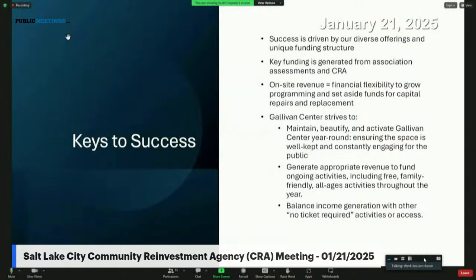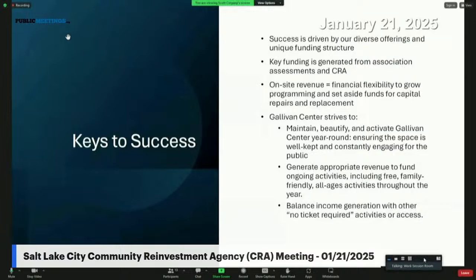structure. Key funding is generated from these association assessments, additional funding from the CRA, and on-site revenue generation, giving the Gallivan Center the financial flexibility to grow our programming and set aside critical funds for capital repairs and replacements. We consistently maintain, beautify, and activate the Gallivan Center year-round, ensuring the space is well-kept and constantly engaging for the public.